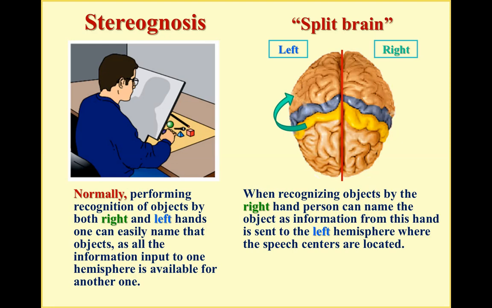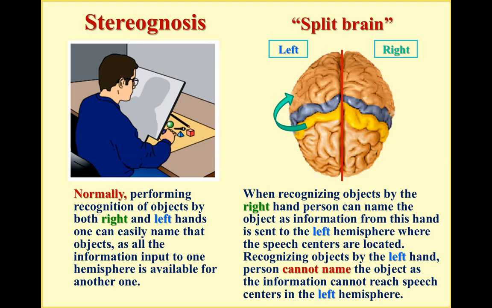This information is easily transferred to the center that allows naming this object, which is Broca's center. Of course, it also should be available for Wernicke's center, but finally, when the person is asked to name the object, it's necessary to use Broca's center. And all this information is available because it's all within the left hemisphere.